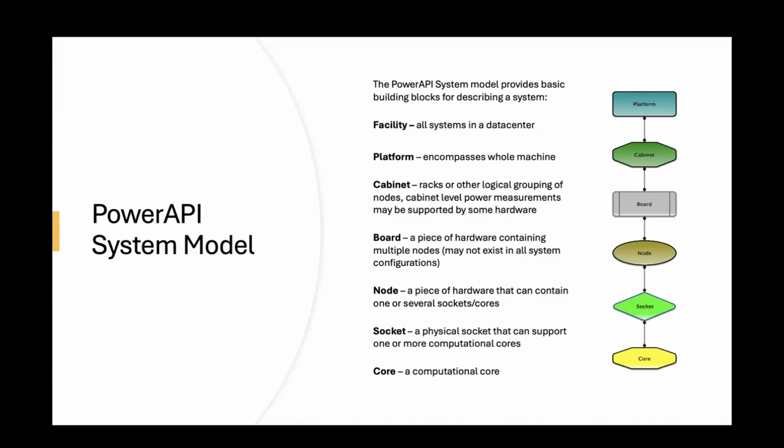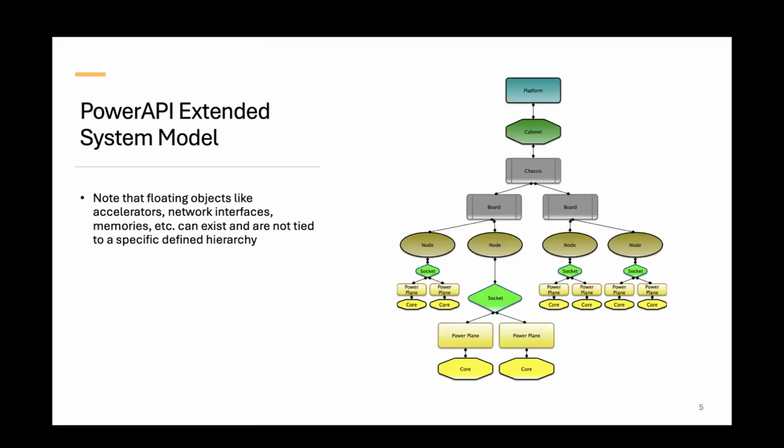There are a whole bunch of objects that we allow that do not have to happen in this order, but programmatically, this makes it a lot easier to move through the system, because all you're doing is going from parents to children. So you can discover what children a given object has, and you can go to its children directly, or you could go up to your parent. So you navigate up and down this basic hierarchy with a whole bunch of components.